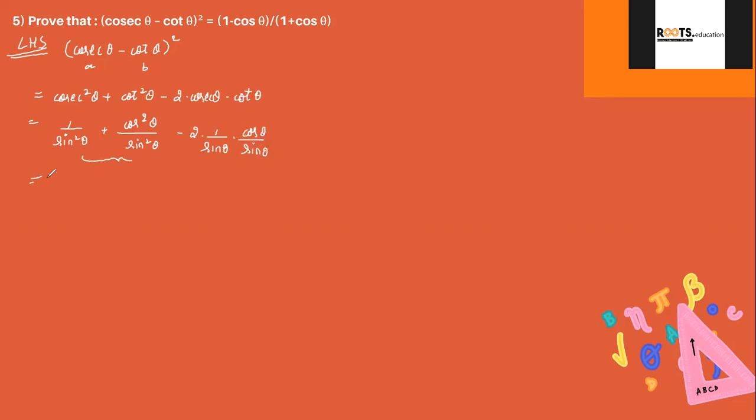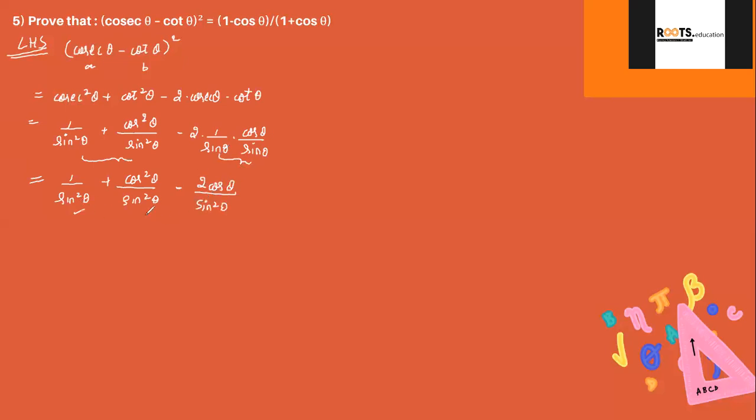So add these two since they have got the same denominator. Or what we can do is 1 by sine square theta plus cos square theta by sine square theta minus 2 cos theta, multiply the denominators. Sine theta into sine theta is sine square theta.